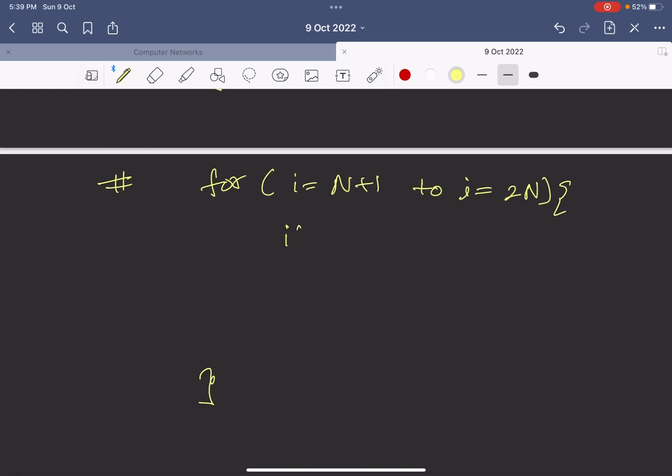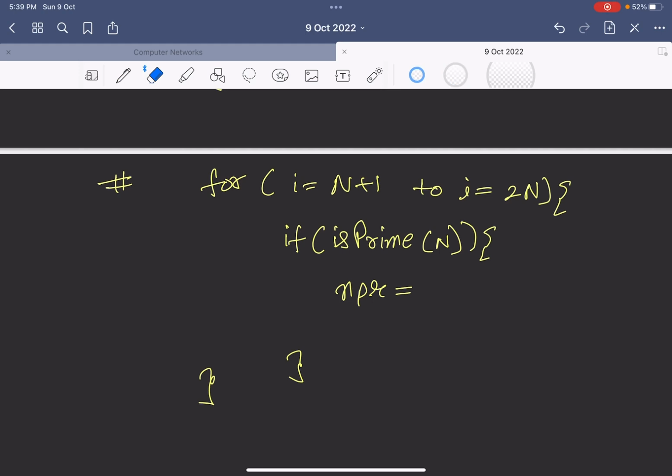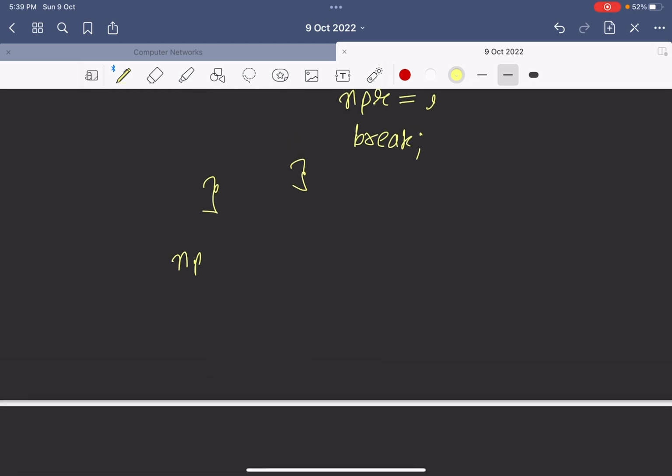And whenever I spot a prime number, I will update my NPR with that i, and I'll break out of the loop. So by the end of these two for loops, I will have NPL that has the value of the closest prime in left, and I will have NPR that is the closest prime in right.